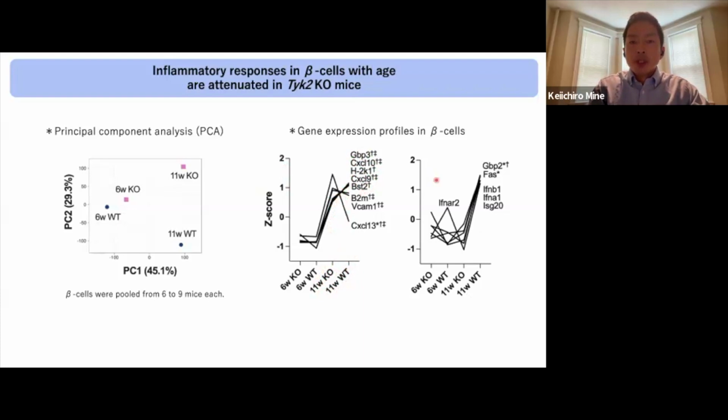Importantly, the expression level of Fas death ligand was lower in beta cells in 11-week TYK2 knockout compared to 11-week TYK2 wild-type beta cells. These results suggest that inflammatory responses in beta cells with age are attenuated in TYK2 knockout mice.